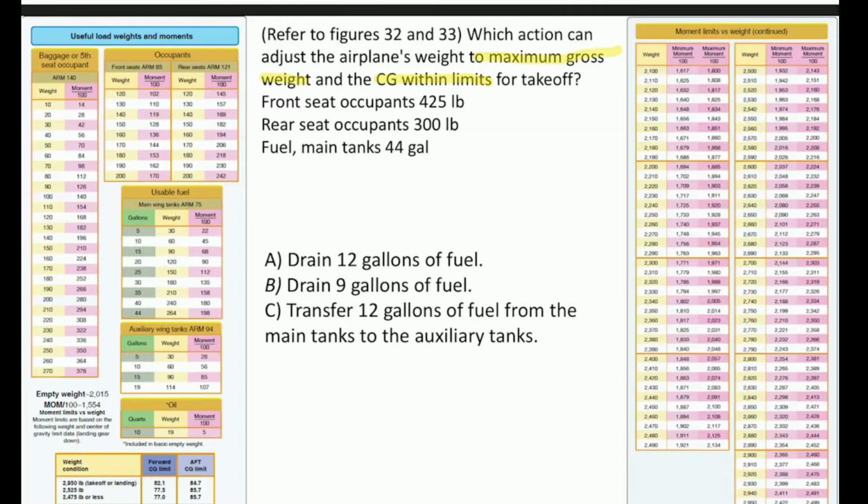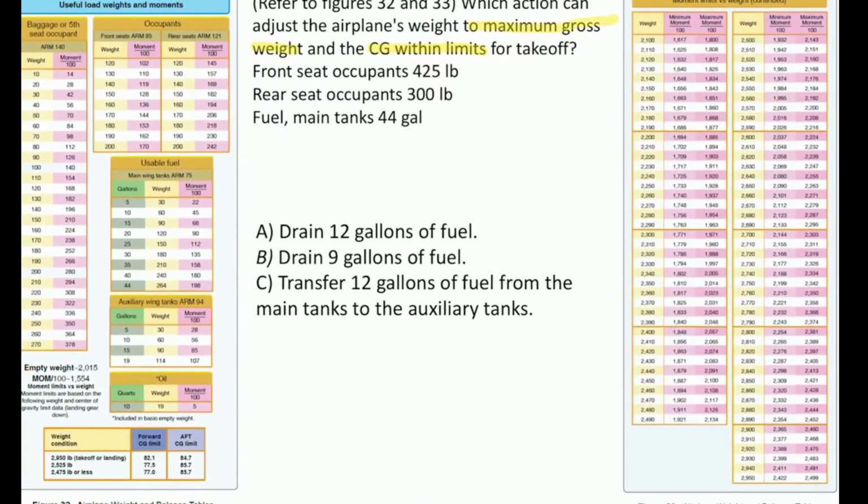So yeah, front seat occupants 425, rear seat occupants are 300. Main fuel tank is 44 gallons. Let's just set this up how we normally would before we start doing too much stuff, right? Weight, arm, moment.